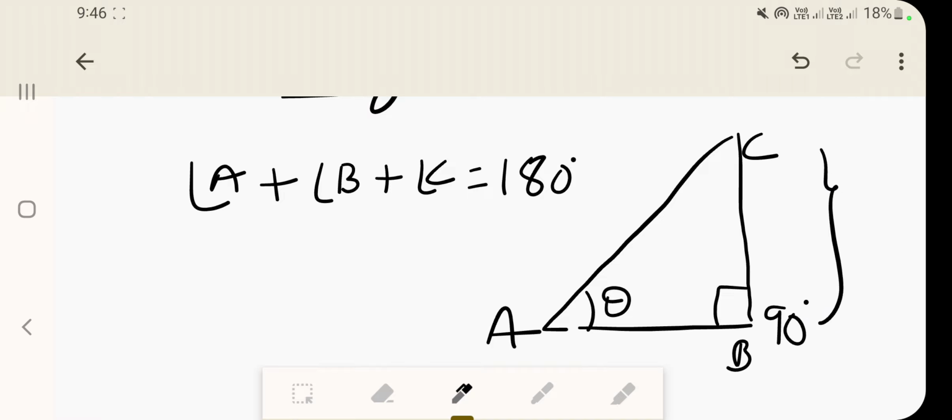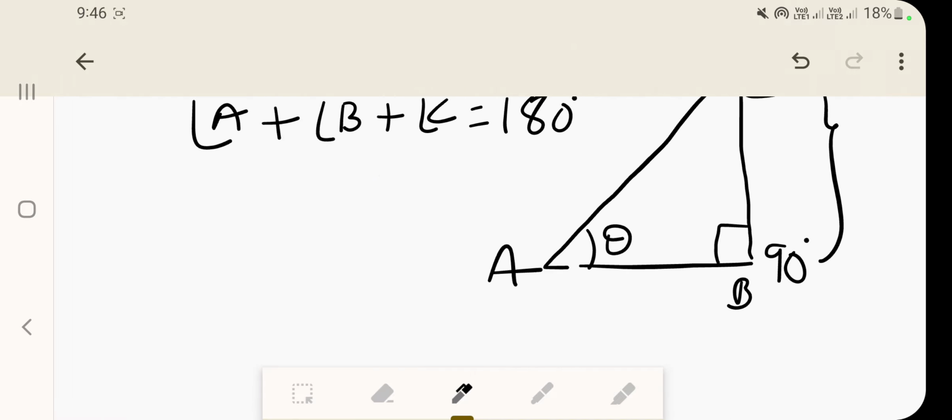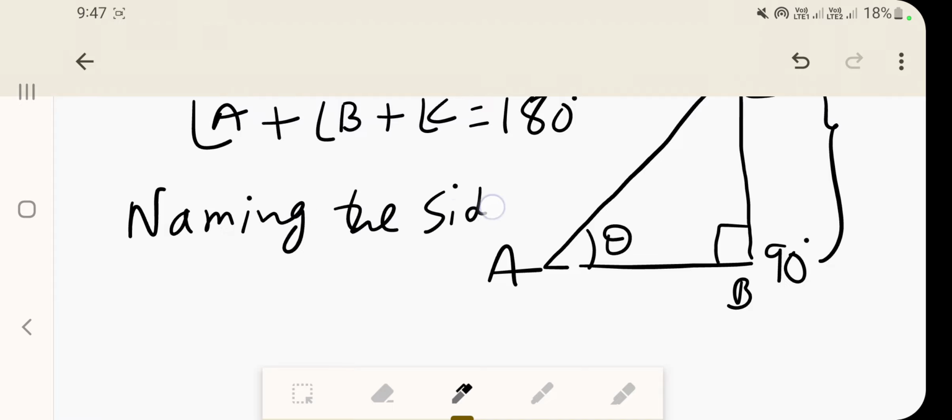So in this triangle we are going to have basically three sides: AC, BC and AB. And we have names for them, which is the title of this topic we are going to see now in the trigonometric chapter: naming the sides in a right triangle.